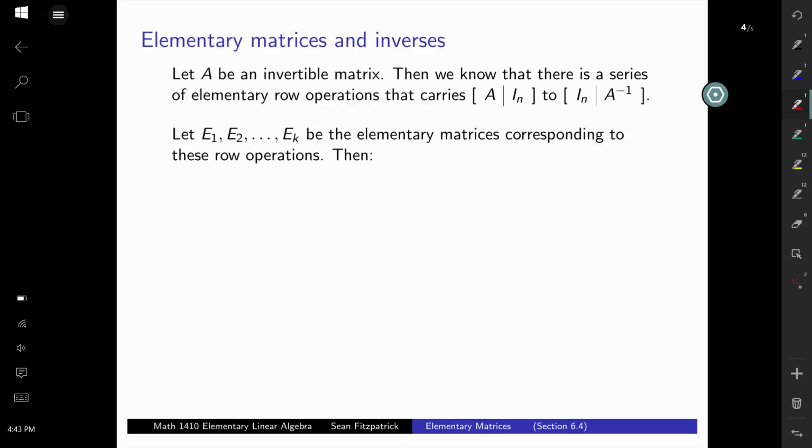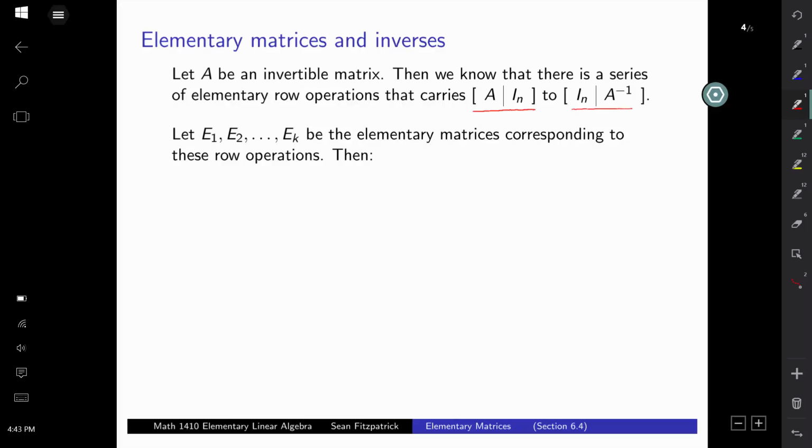Well, we know how to compute the inverse of a matrix, right? If we want to calculate the inverse of a matrix, we start with an augmented matrix like this, A on the left, identity on the right. We do a series of row operations to try to get down to this situation where we have the identity on the left and the inverse on the right, okay?